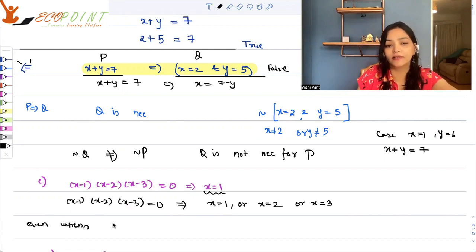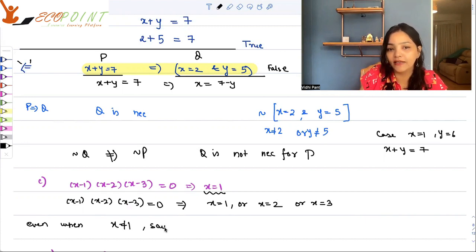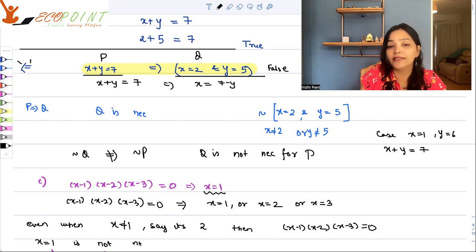Because even when x is not equal to 1, say it's 2, then also x minus 1 into x minus 2 into x minus 3 will be equal to 0. What I'm trying to say is that x equal to 1 is not necessary.